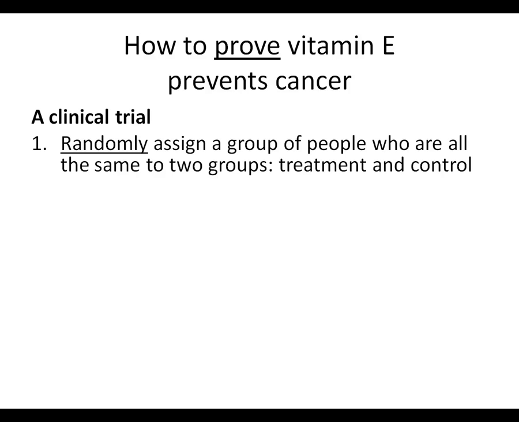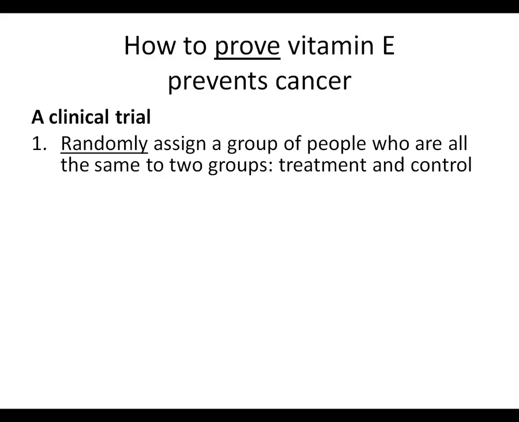Okay, experiments working with human subjects are called clinical trials. And what you do is you start with a group of people, all of whom are the same. So in that correlational study, they all started with a group of people. But instead of asking them what they ate, you go in and you randomly assign them to two different groups.